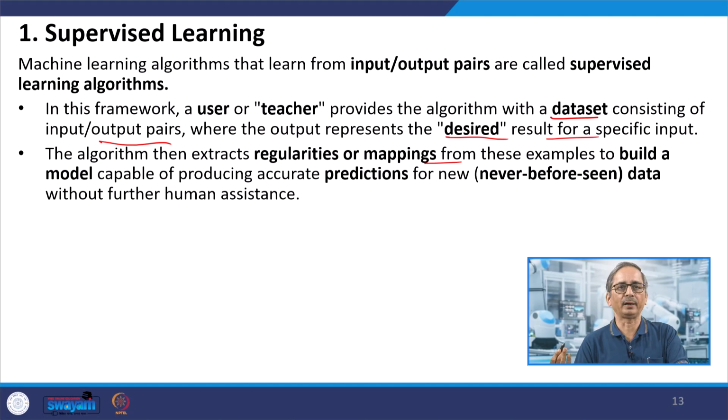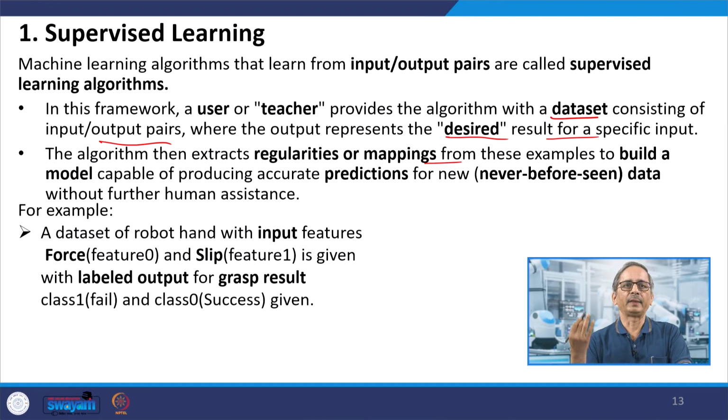Say, for example, the data of a robot hand, with input features, say the force that is feature 0 and slip that is feature 1, is given with labeled output for the grasp result. That is class 1 fail, where the gripper is not able to grasp the object, and the other is class 0 success, where the gripper is able to grasp the object.